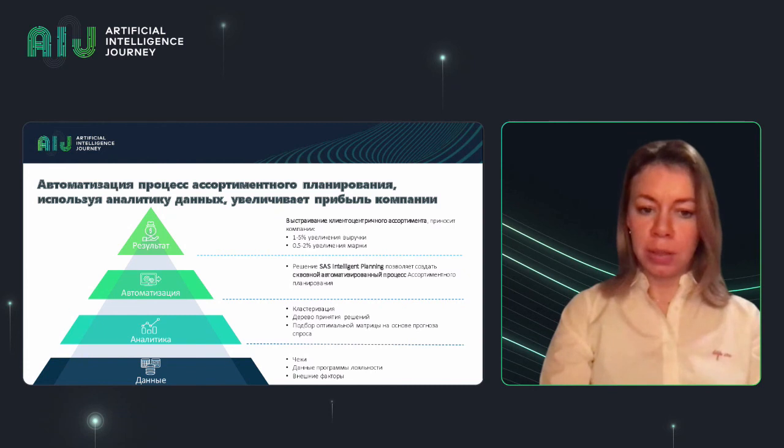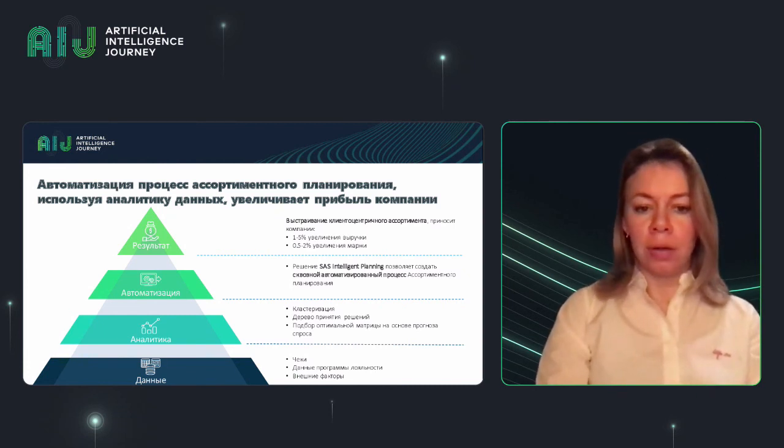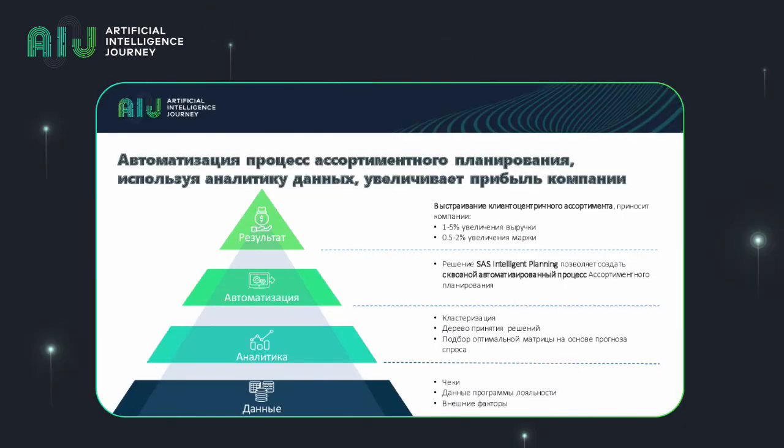This allows us to leverage all this data even further and get additional margin from that, because, well, you know, analyzing data is a lot of fun in itself, but it's a lot more fun when there's a business result. So here we grow, we increase the revenue, and we get an additional margin.